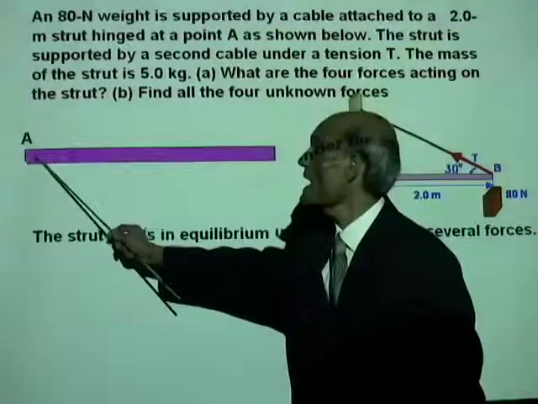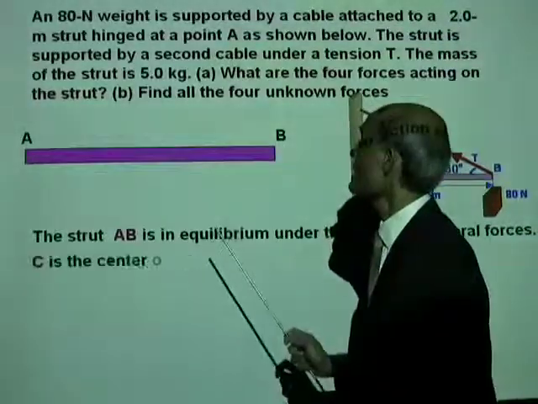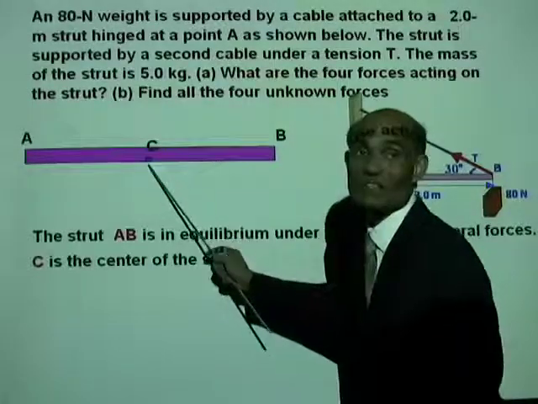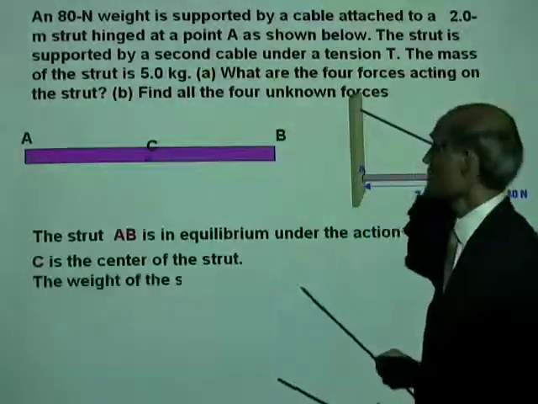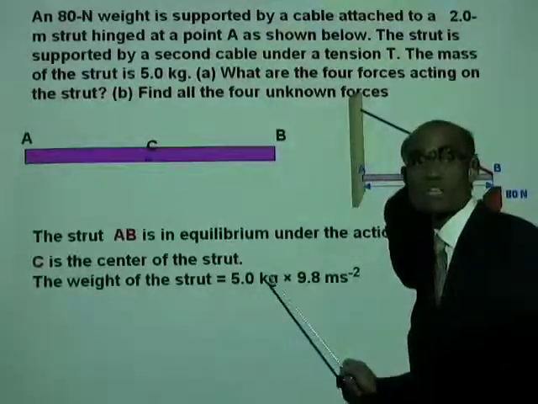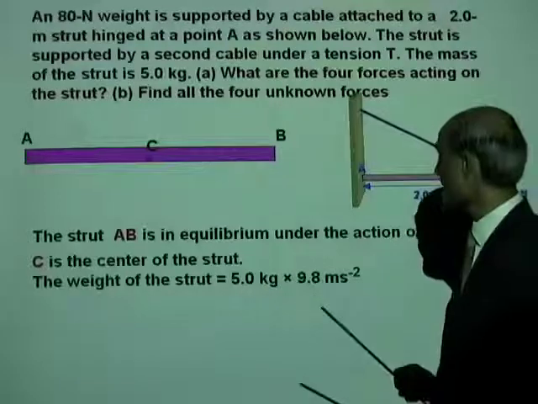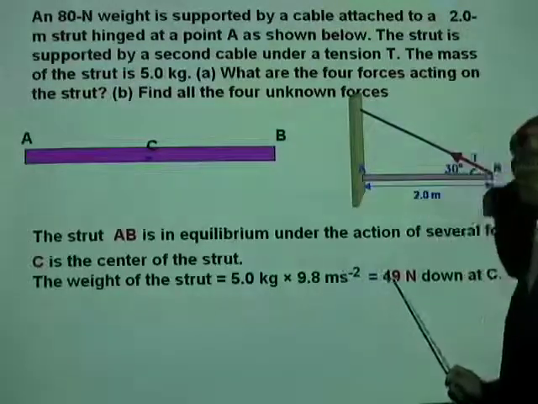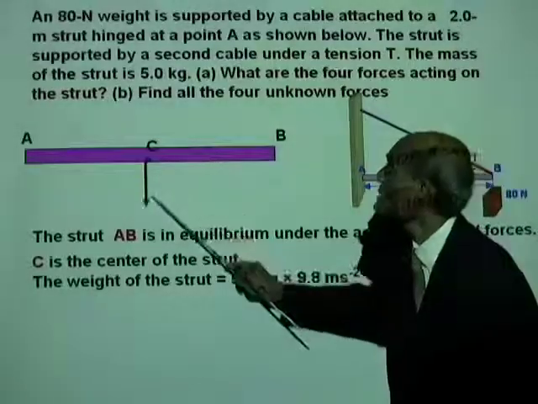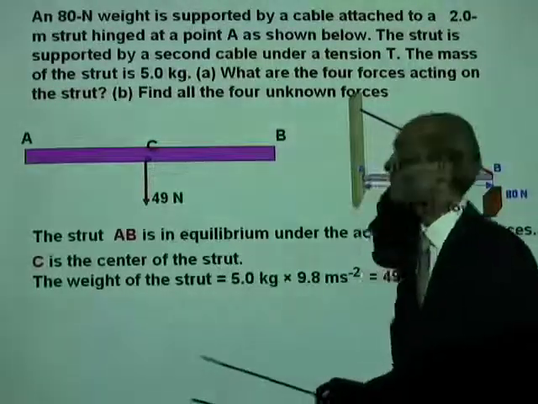This is the point A, that's the point B, and C is the center of the strut. The weight of the strut is its mass times g, 5 kilogram times 9.8 meter per second squared, is 49 Newton, acting vertically down.